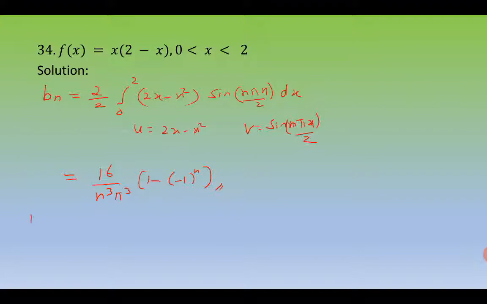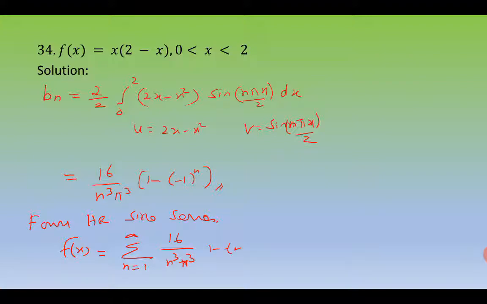So by using b_n we can write the Fourier half range sine series, which is coming: f of x is equal to, first two parts are 0, so n from 1 to infinity 16 over n cube pi cube times 1 minus minus 1 to the power n times sine n pi x over 2.